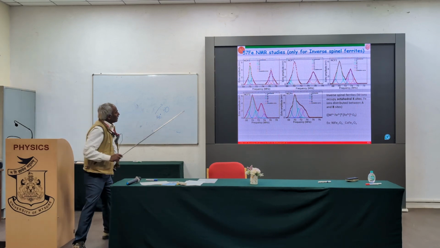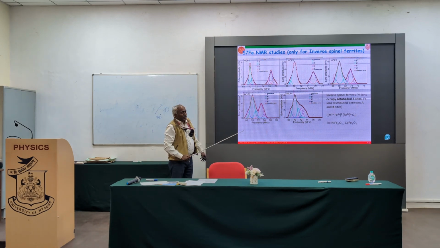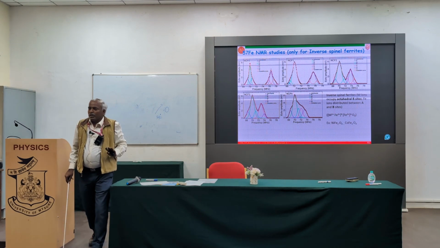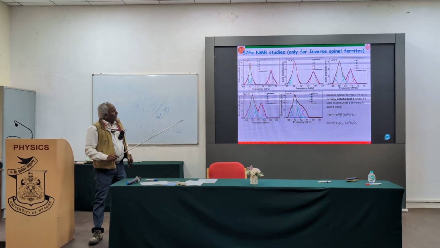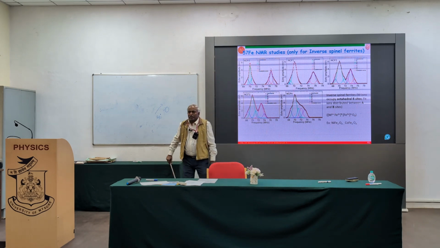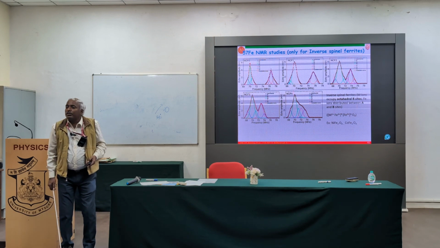By deconvoluting and fitting the different contributions, they can estimate exactly how much of the aluminum or iron is going and sitting in the octahedral or tetrahedral site. Like this, cation distribution can be measured efficiently using this technique.